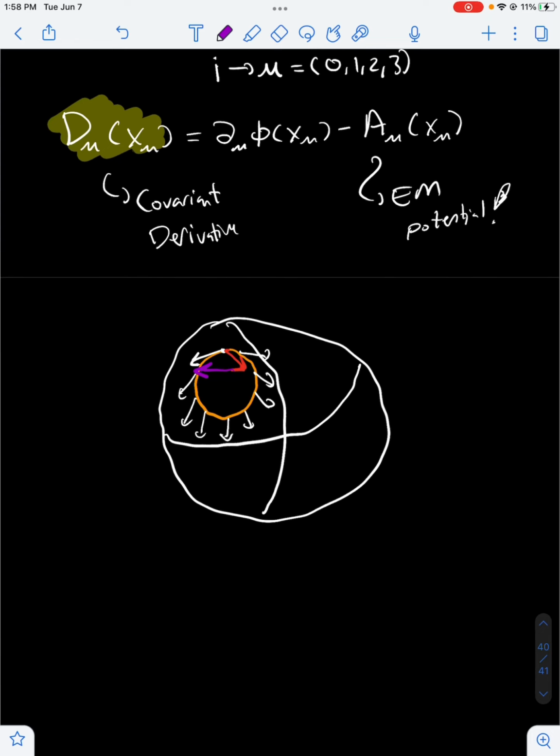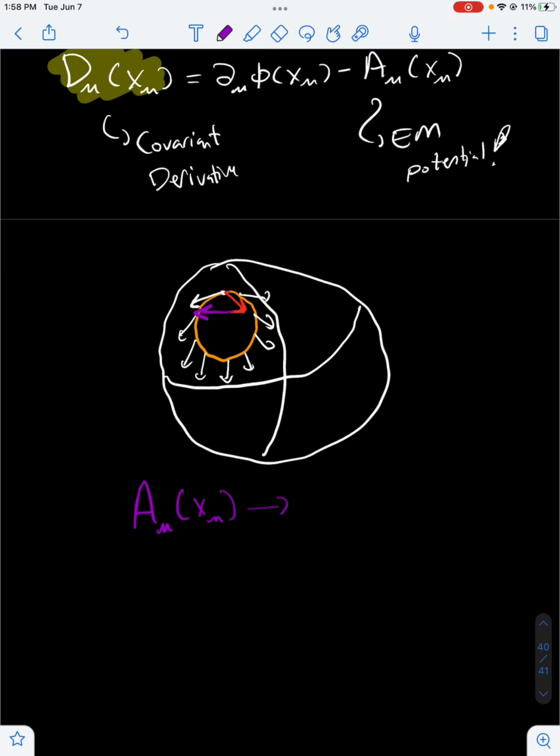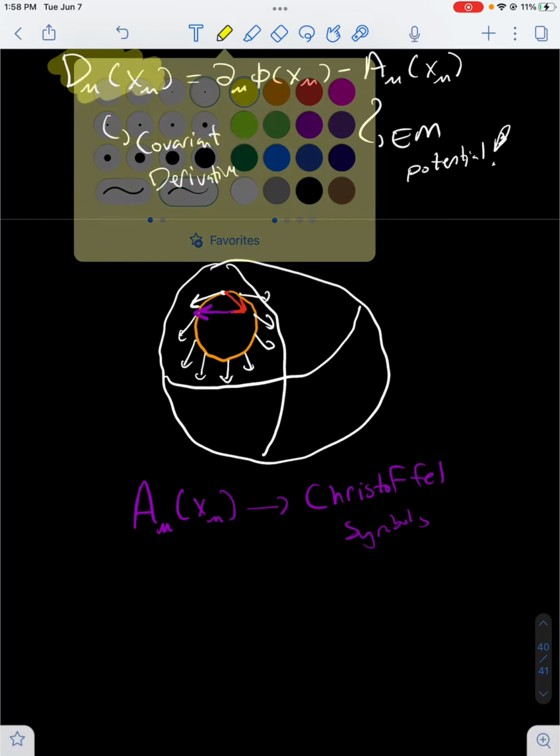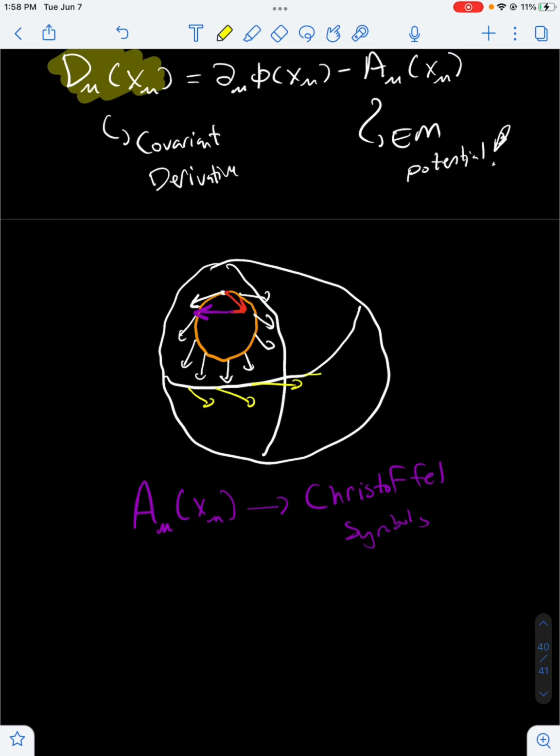And in fact, the gauge A mu of x is analogous to what are called the Christoffel symbols in differential geometry, which tell us the rates of change of our basis vectors along a manifold.